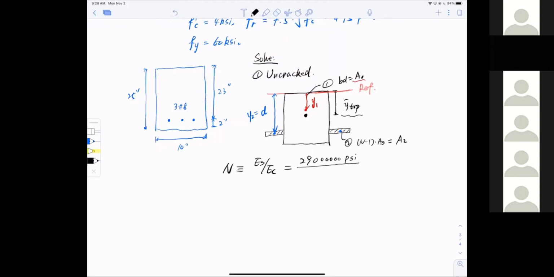And the concrete is 57,000 multiplied by the square root of 4,000 PSI concrete. I have this ratio approximately equal to 8.